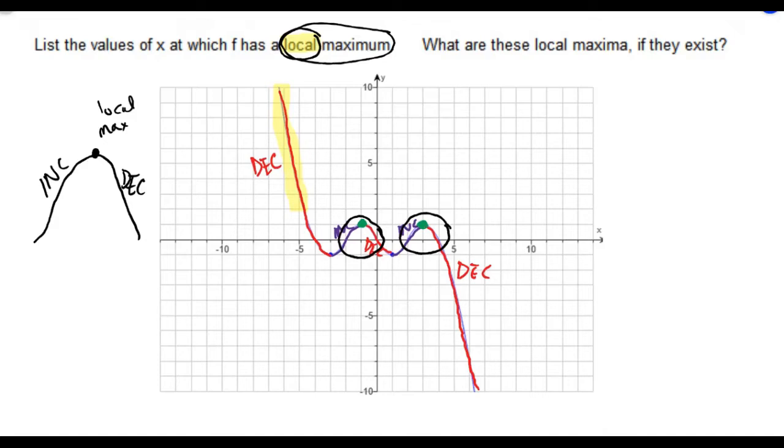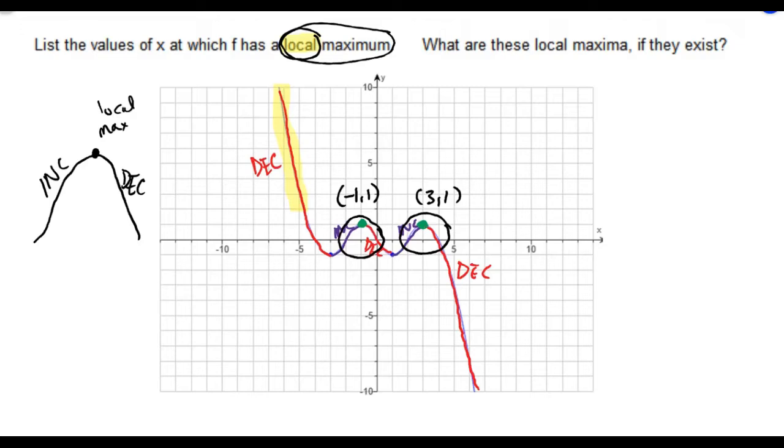So let's take note of the ordered pairs where we have these local maxima. This first ordered pair is (-1, 1), and the second ordered pair is (3, 1).